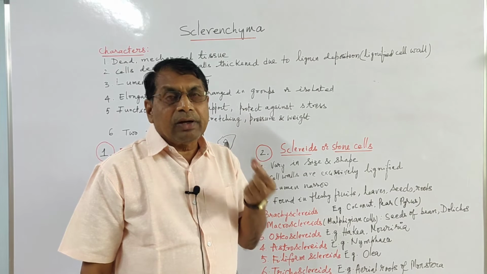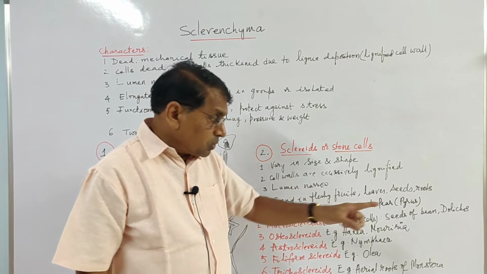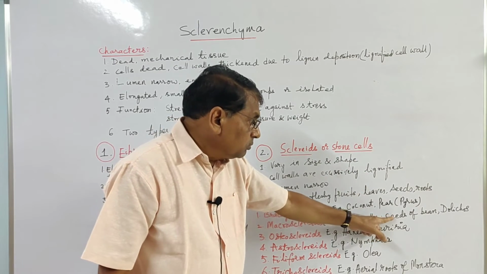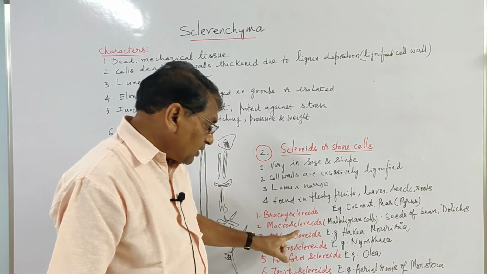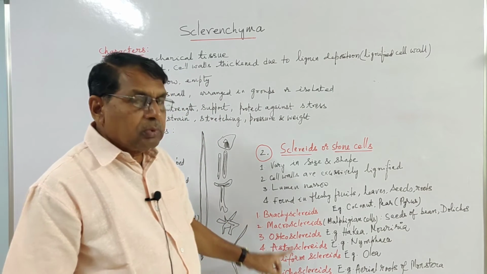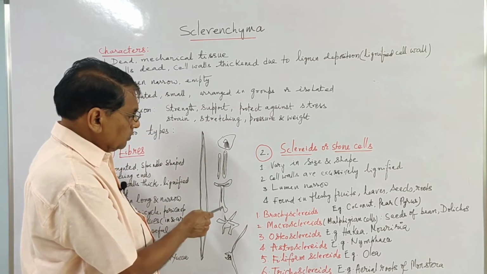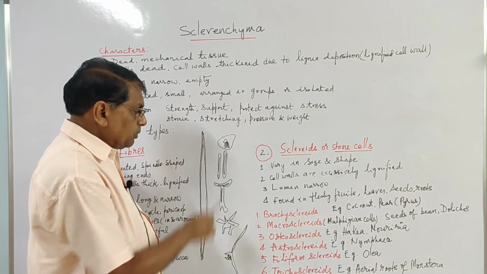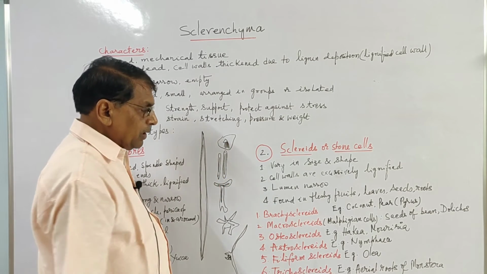Why are the seeds very hard? Very hard because of sclerenchyma, because of stone cells, again because of macrosclerides. Osteo means bone shape. Here you see cells are bone shaped, columnar, spherical or irregular.